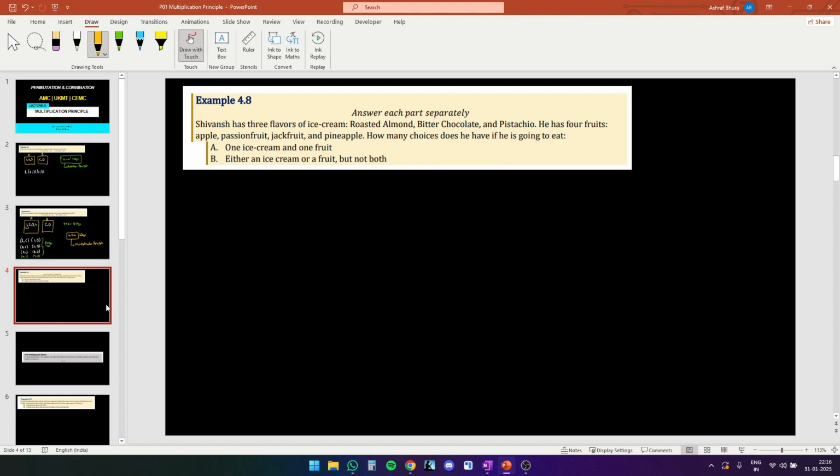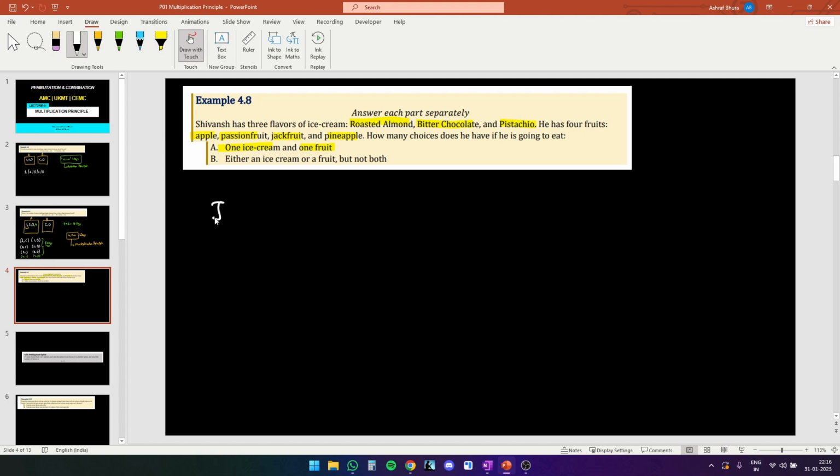Okay, let's understand how this works. Shivans has 3 flavors of ice cream. He has roasted almond, bitter chocolate and pistachio. He has 4 fruits, apple, passion fruit, jackfruit and pineapple. How many choices does he have if he is going to eat one ice cream and one fruit?